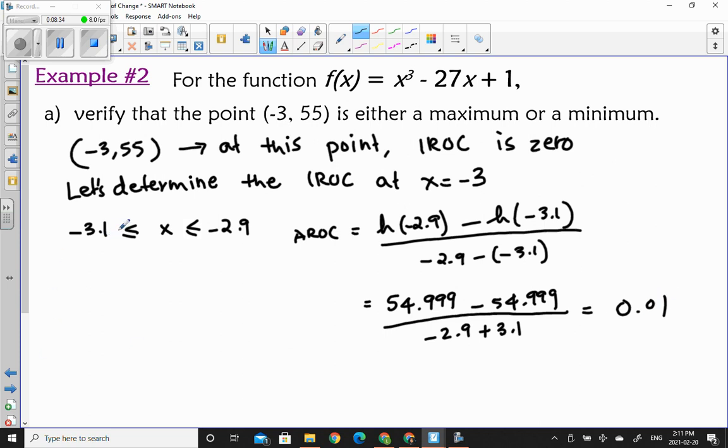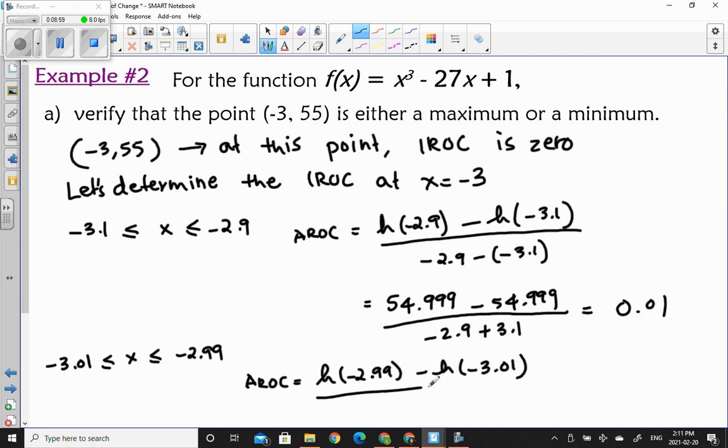Let's now squeeze the interval even further closer to -3 and go from -3.01 to -2.99. So it's even smaller intervals than what we have over here. And find the IROC. So the IROC would be h at -2.99 minus h at -3.01 divided by -2.99 minus -3.01.